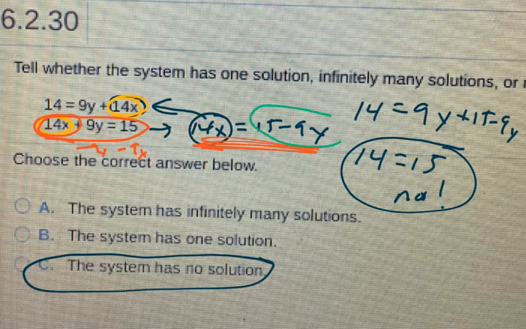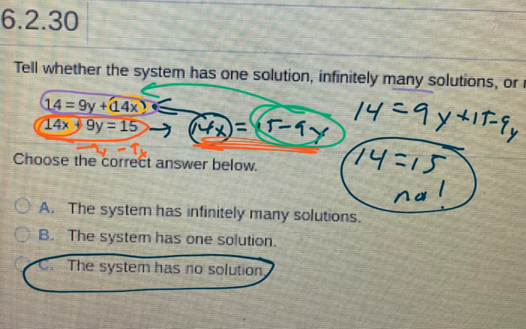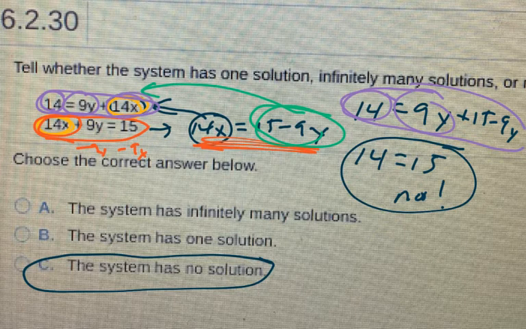Then I'm able to take this, put it in for the other 14x. So if you look at my first equation, it's over here, and all I did was, see, the 14x equals 15 minus 9y.